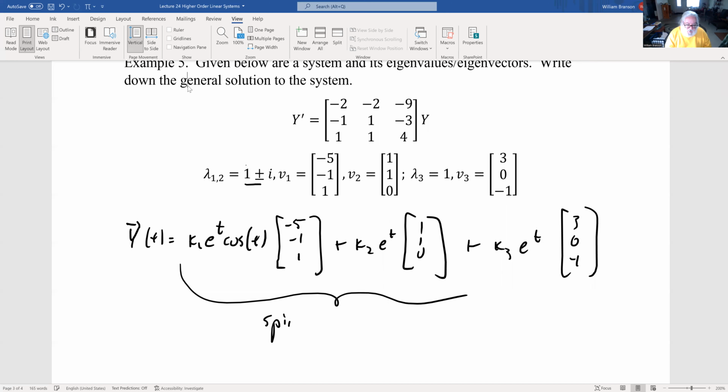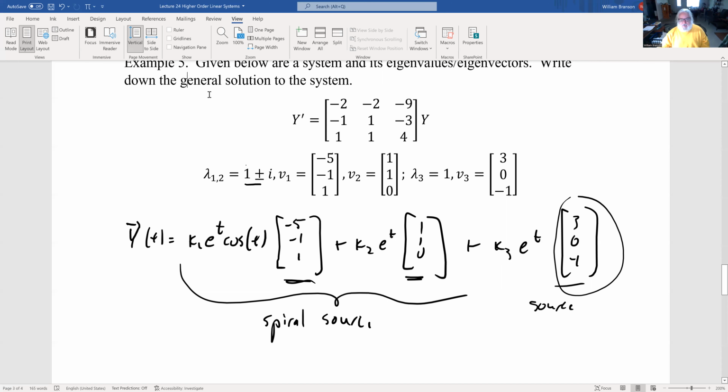These two together give me a spiral source in the plane that's spanned by v1 and v2. And then this is just a source along the line spanned by 3, 0, -1.